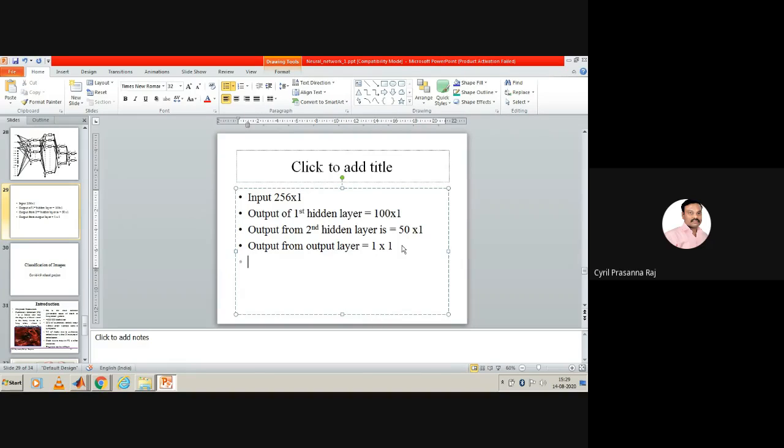Since the output is 100 cross 1, your input size is 256 cross 1. This is the size of the input.